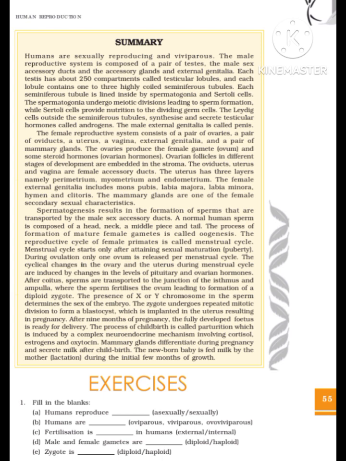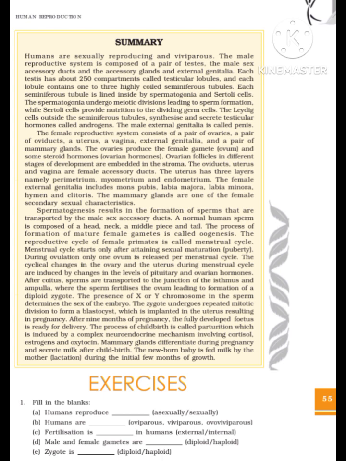Each seminiferous tubule is lined inside by spermatogonia and Sertoli cells. The spermatogonia undergo meiotic divisions leading to sperm formation, while Sertoli cells provide nutrition to the dividing germ cells. The Leydig cells outside the seminiferous tubules synthesise and secrete testicular hormones called androgens. The male external genitalia is called penis.